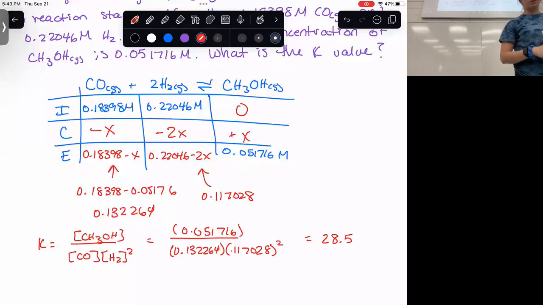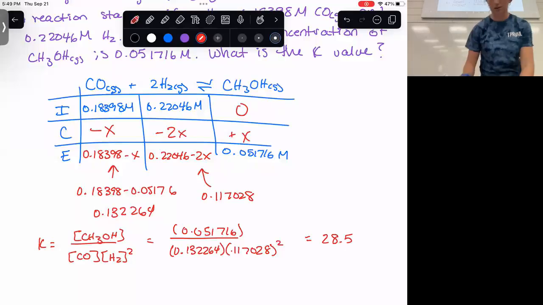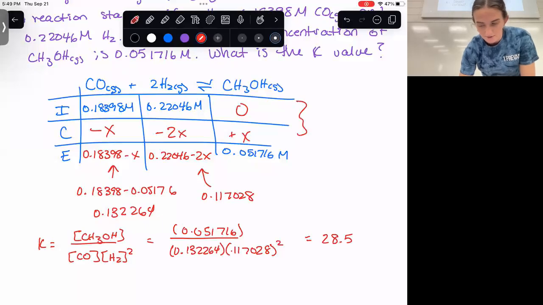Yes, the X is what it's changing by, and it's the concentration that it's changing by. So we could solve for X because this is like concentration here. If we wanted to solve for it, we know that our final minus initial is equal to equilibrium.